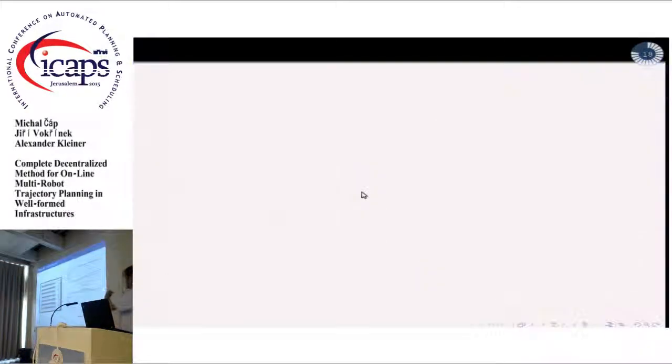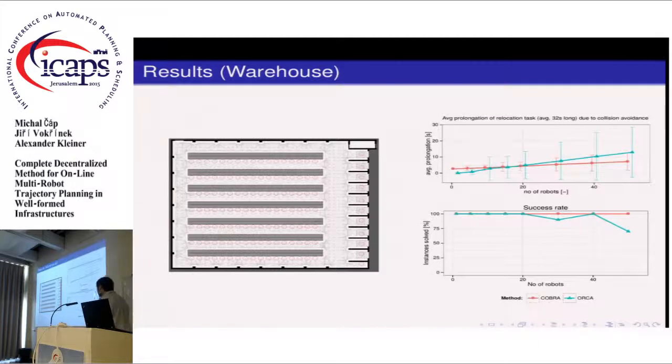We've done the same thing for this warehouse-like environment. You see that the results are qualitatively very similar. This environment has fewer narrow corridors, so it's easier for the reactive collision avoidance. But still, we have instances where reactive collision avoidance fails, since we are guaranteed to solve everything.